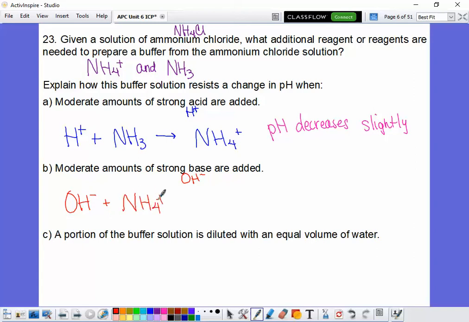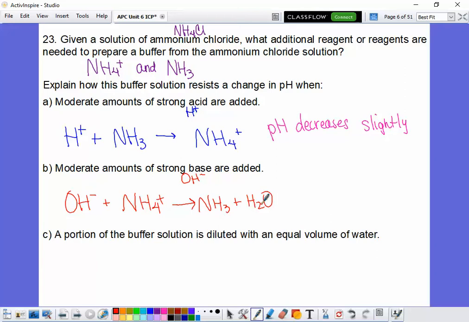That is specifically designed to react with bases. Again, a strong arrow, just like we had with the first scenario. And what are the products of that reaction? NH3 and H2O, the other component of the buffer. H2O is kind of like a spectator, just kind of is there.